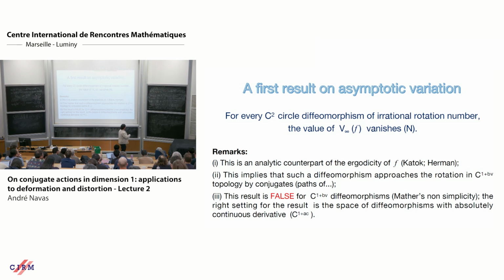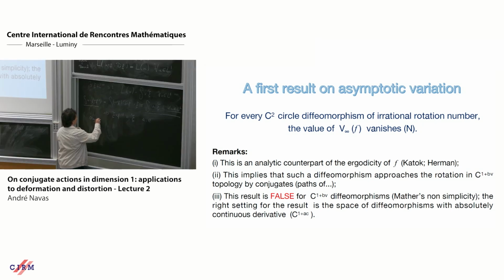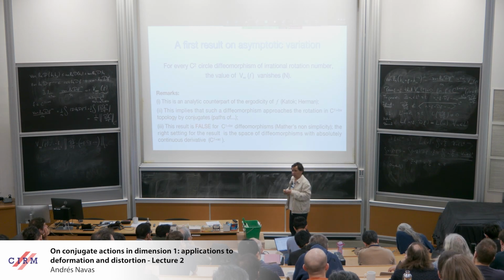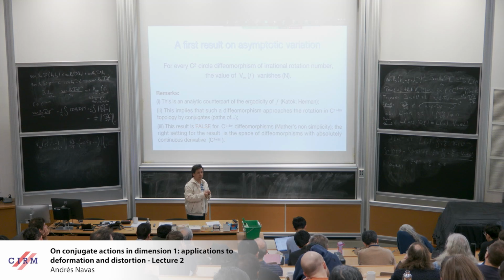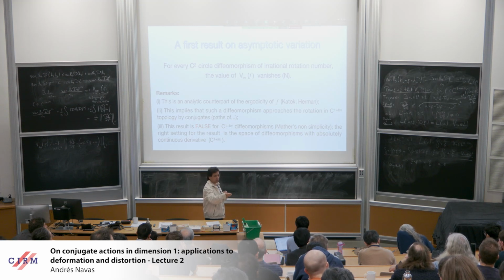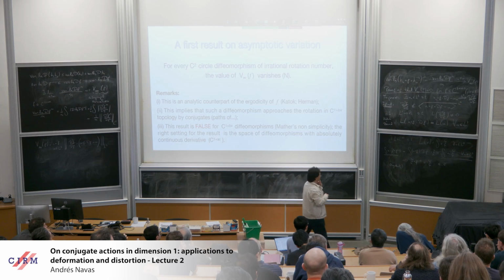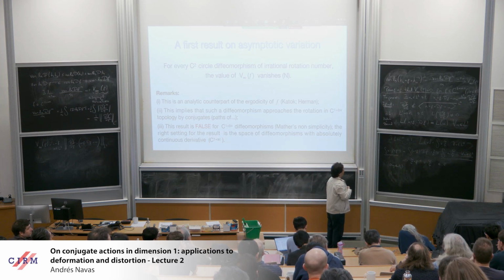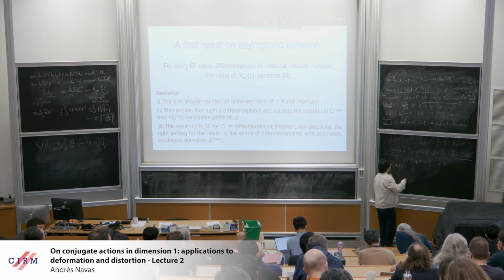So here, by ergodicity with respect to the Lebesgue measure, which is not an obvious fact, because the invariant measure of a circle diffeomorphism in general is not regular, but it's a theorem by Katok and Herman that it is ergodic with respect to this measure. So this function is constant.